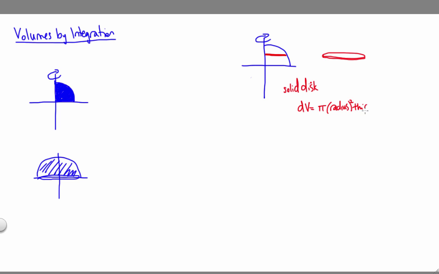But because it's three-dimensional, we need to also multiply by the thickness. So dV, the volume of this solid disk, is pi times radius squared times thickness. Now to find our volume, we'll be integrating dV with appropriate limits of integration.